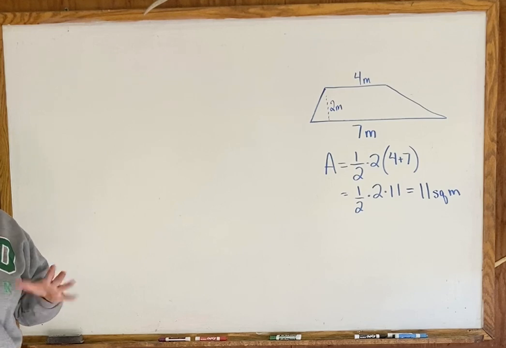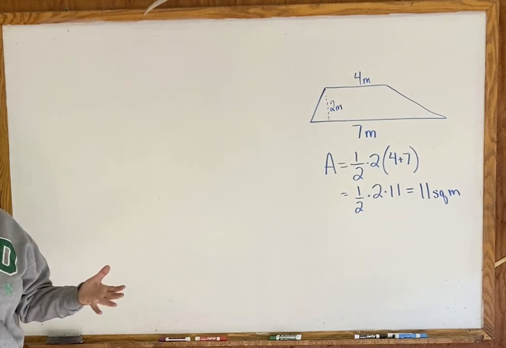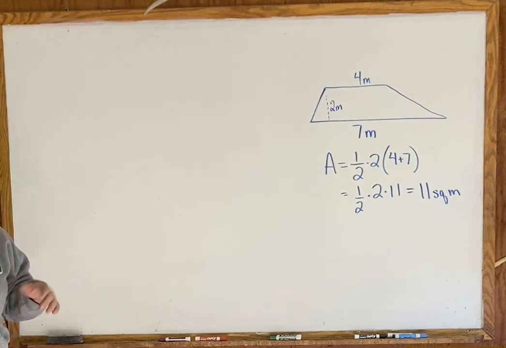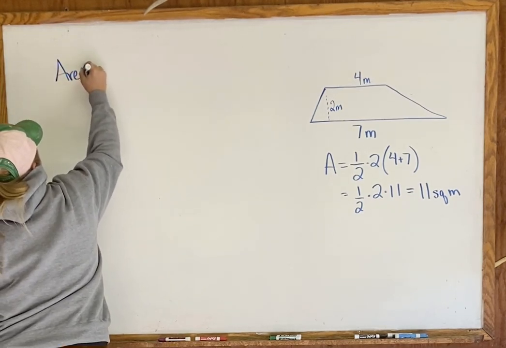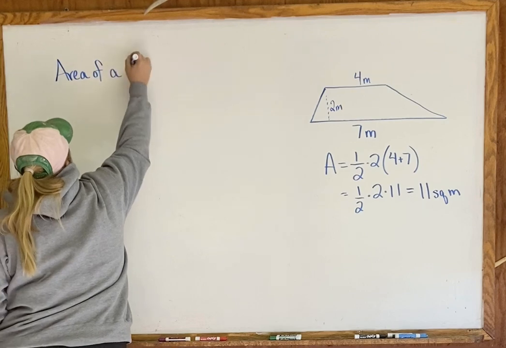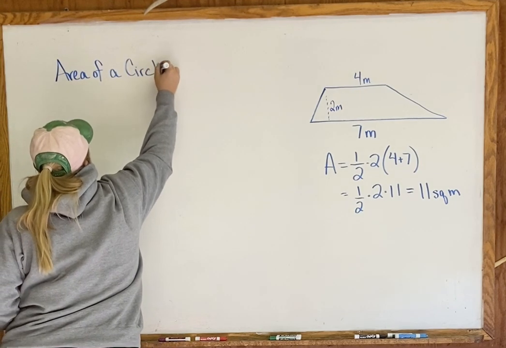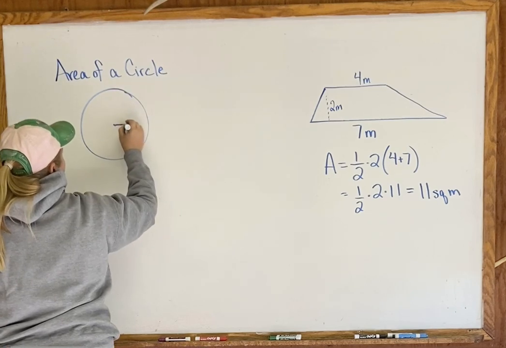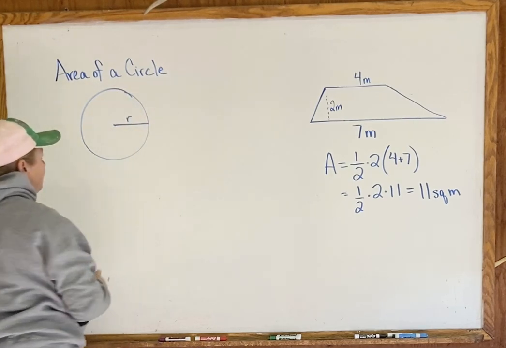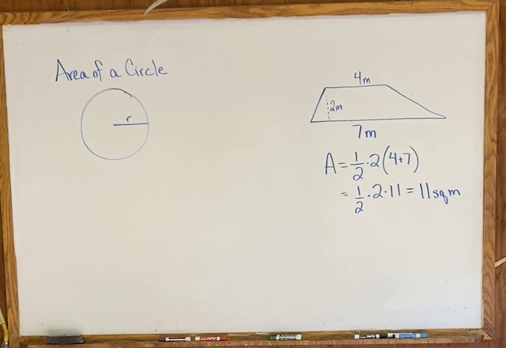So the only one that we can't really do that with is if we're not dealing with a polygon and we're dealing with a circle. So we need to look at the area of a circle.